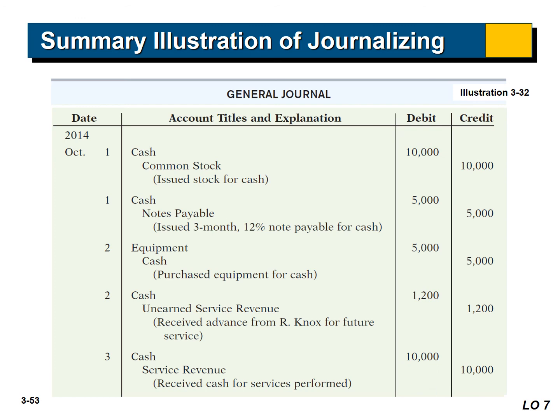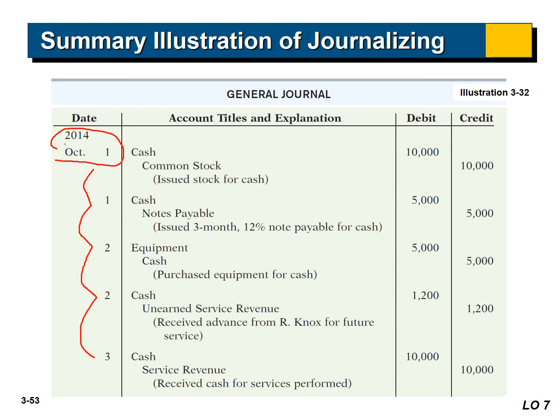So if we put all of these entries together, a journal shows all of the entries. So let's summarize the journalizing of all of those transactions that we talked about earlier. They're just listed in chronological order. We put the date here. So notice we have the date over on the left, and it's chronological.